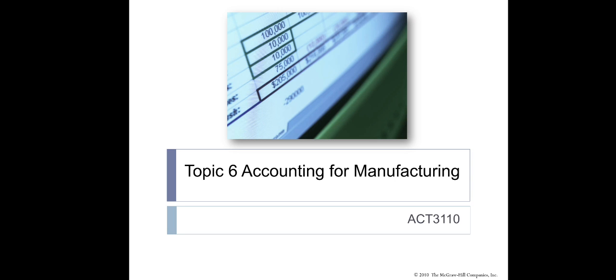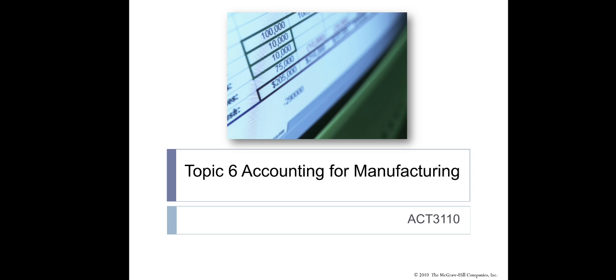Management accounting is done by management accountant, and the output of management accounting, there are two main output. The first one is budget, and the second one is cost report. Okay, remember this.